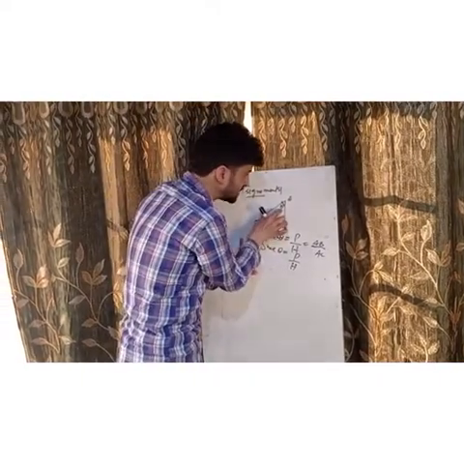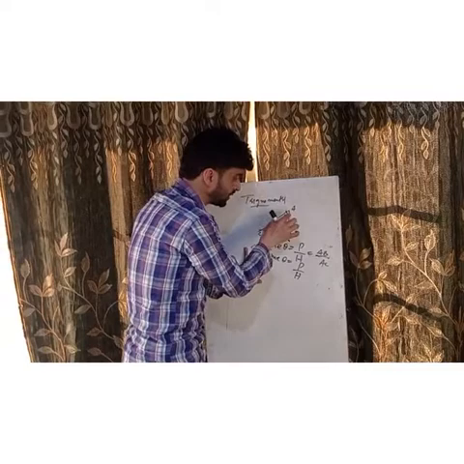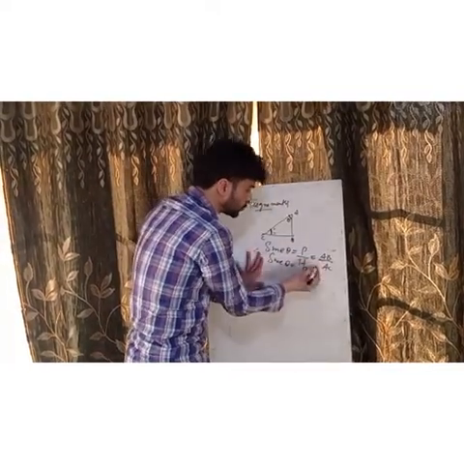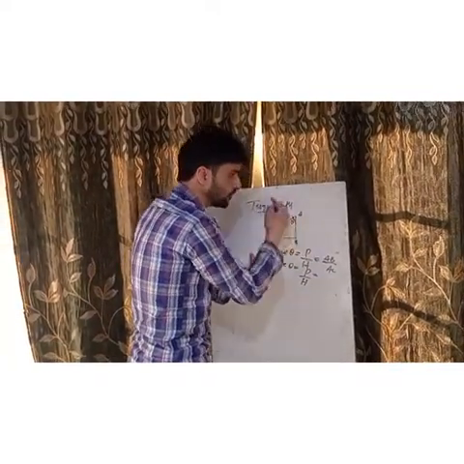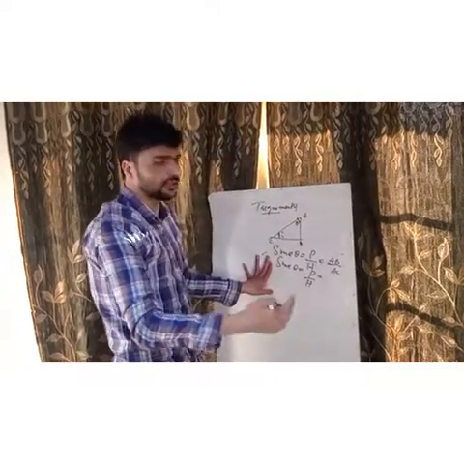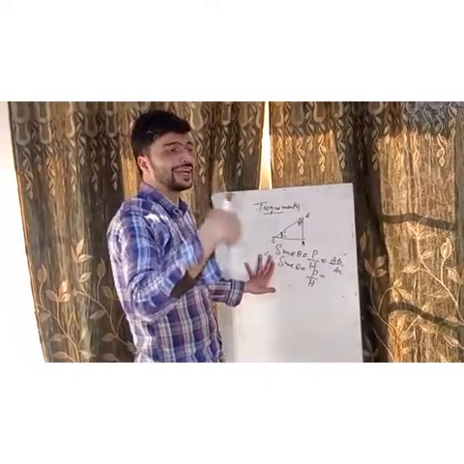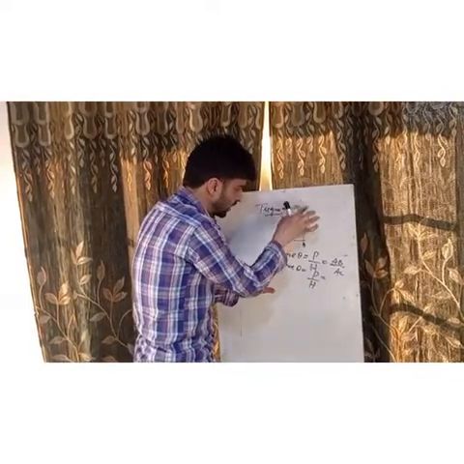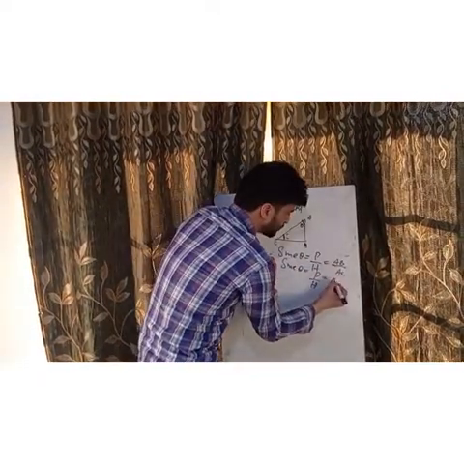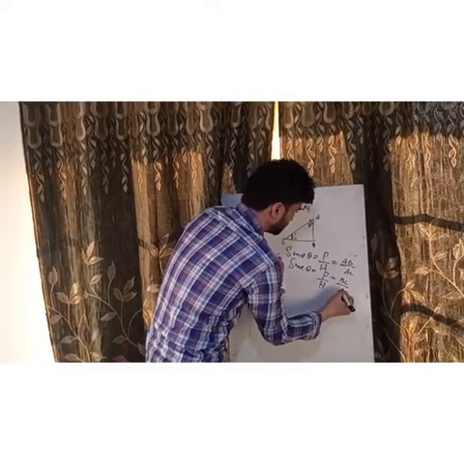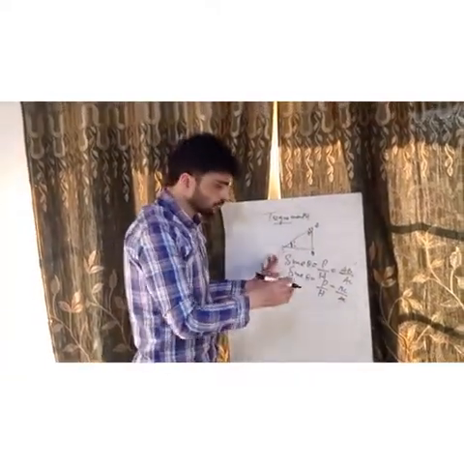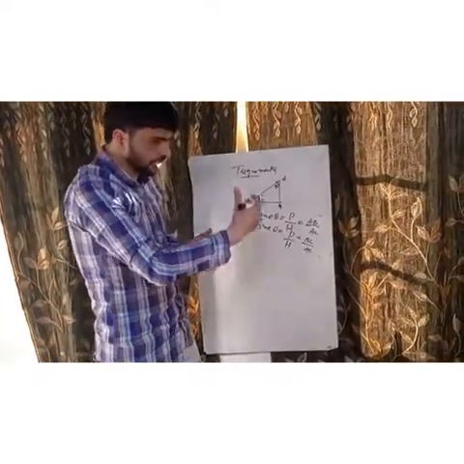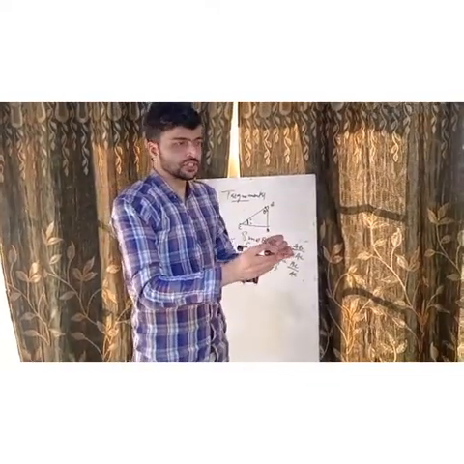So here theta is taken here. With respect to this angle, perpendicular is the side opposite to the angle, which is BC. So it becomes BC divided by AC.